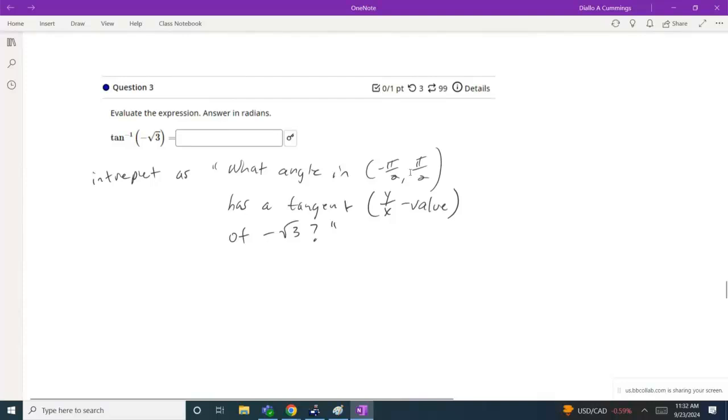All right, so what angle in the interval from negative pi over 2 to pi over 2 has a tangent, which is a y over x value of negative square root of 3?